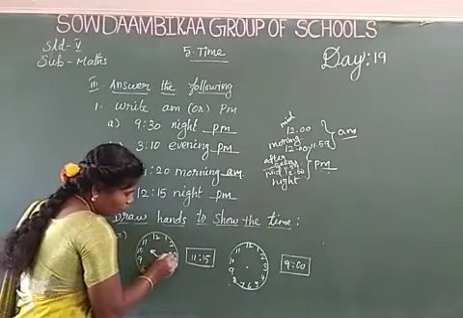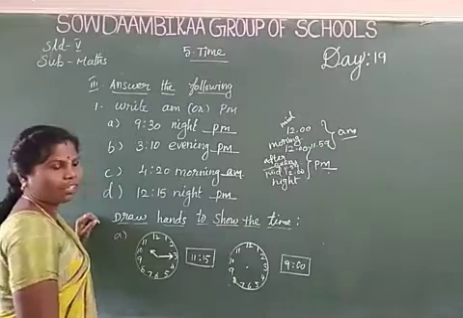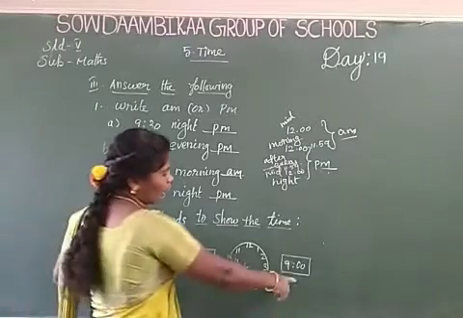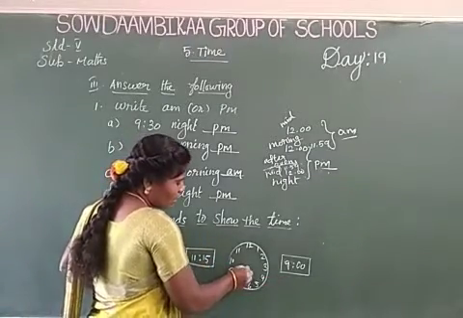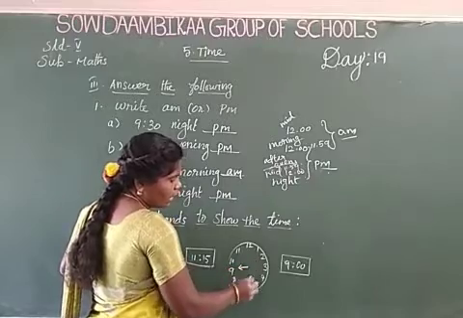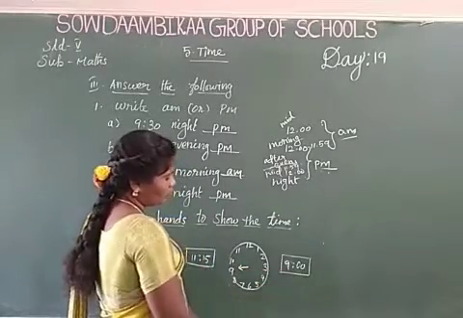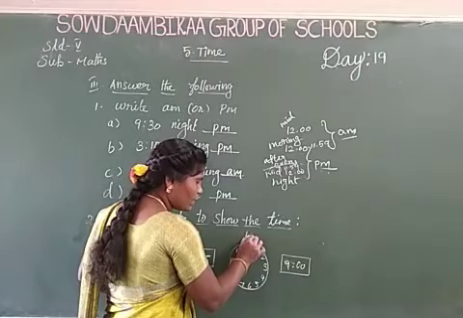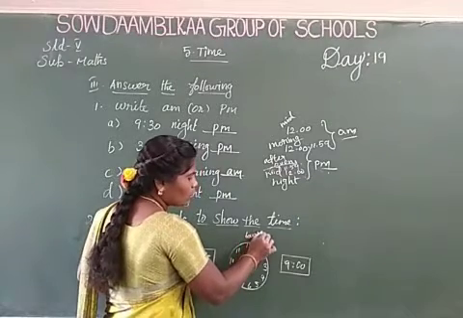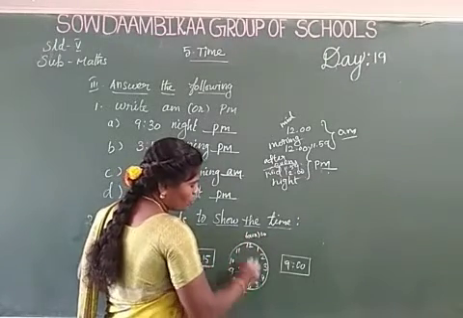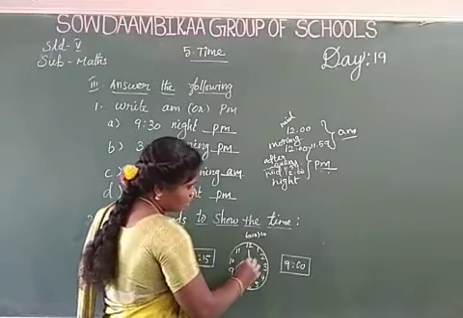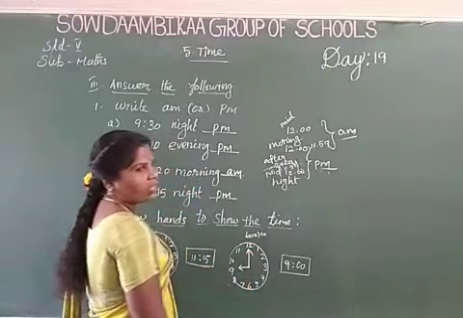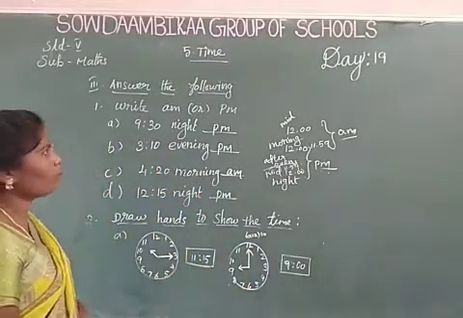So draw the big hand there. 11:15. Next, 9 o'clock. Where is the 9? Draw the small hand at 9 and the big hand at 0, which is 60 minutes or 0 minutes. So this is 9 o'clock.